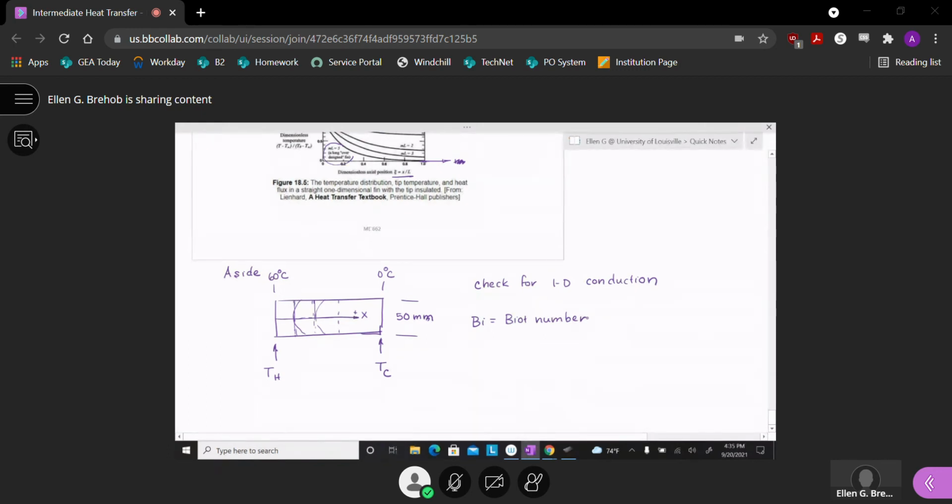It involves the Biot number. One way to think about the Biot number is resistance to conduction over resistance to convection.